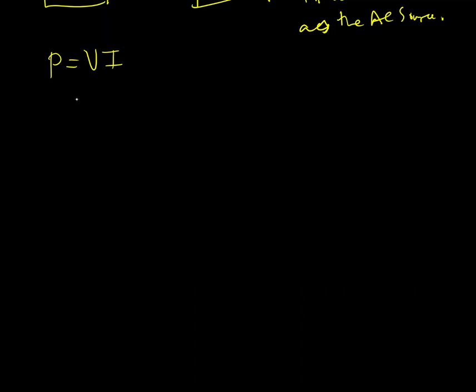So for the case of the AC power circuit, it's still VI, and we could rewrite that as V squared over R, knowing that I is equal to V over R.